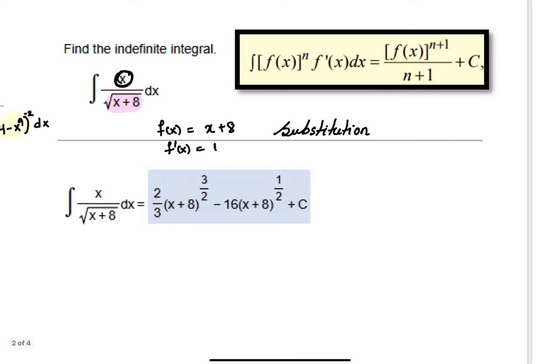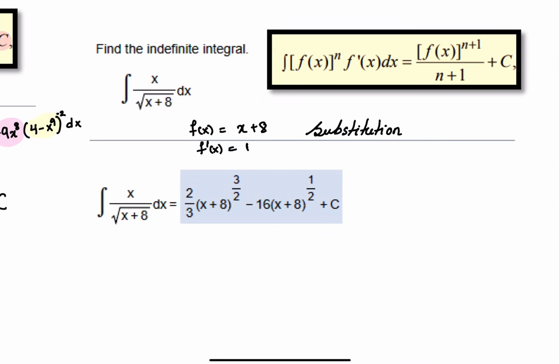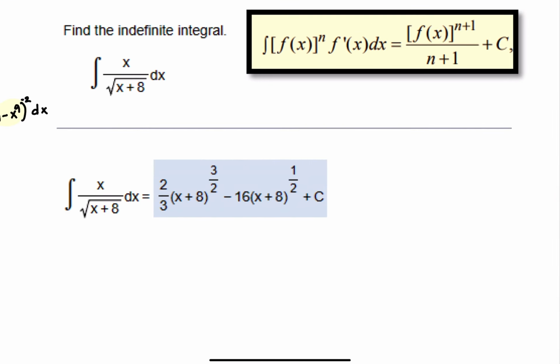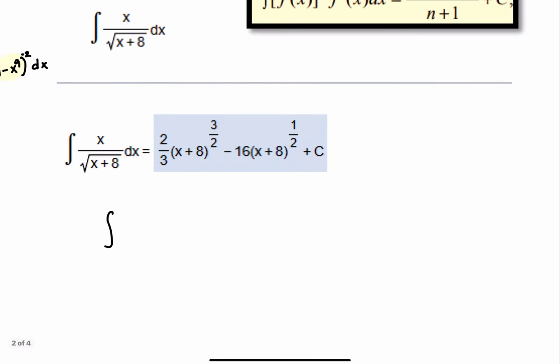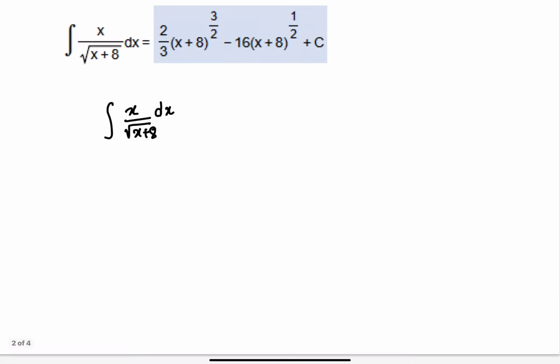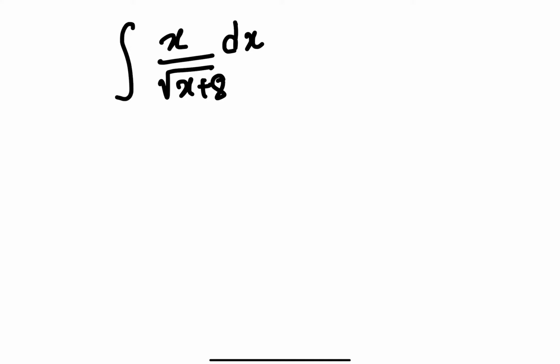What I'm going to do here is erase all of this and write this function, let me write this in the bottom here. This is the integral of x over radical x plus 8 dx. Okay, now step 1. I'm going to take, let's say, x plus 8 is u.